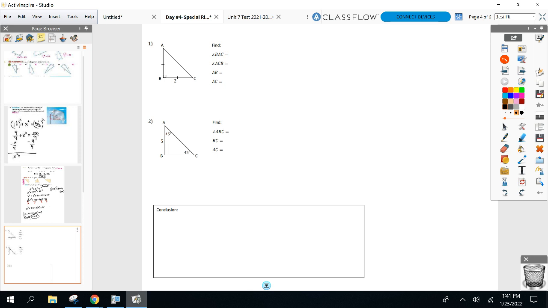Angles and isosceles. No, it's just 90. Quickly converse with your group. Make sure you're all on the same page as far as these answers go.